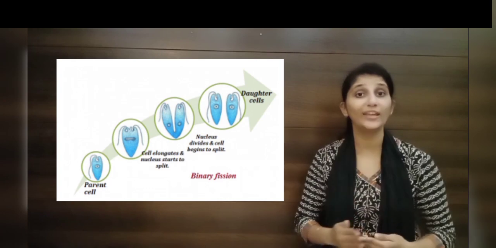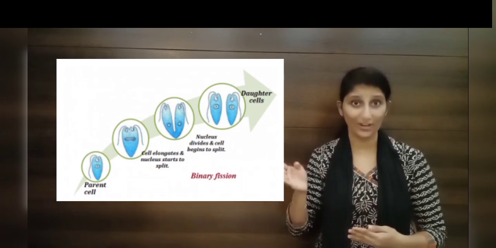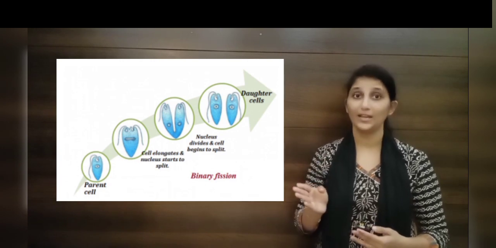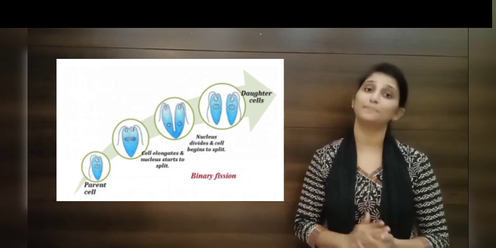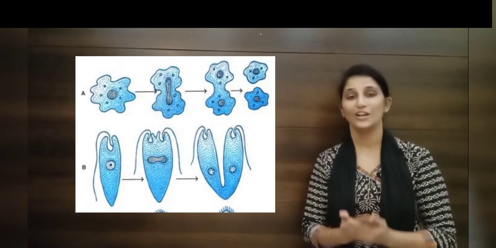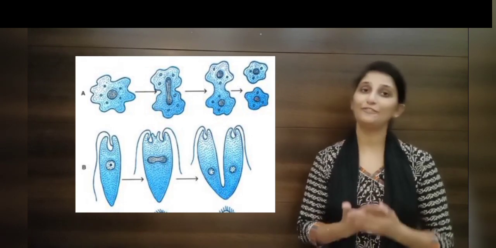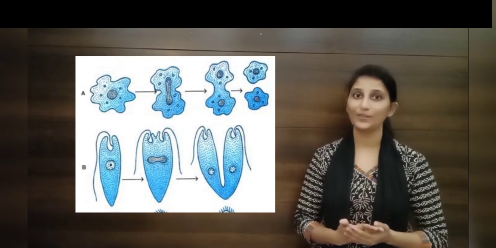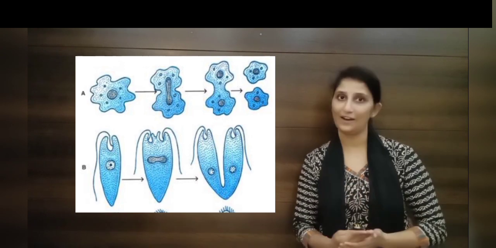So in Leishmania, the binary fission occurs in a definite orientation in relation to its structure. In this picture we can see how Leishmania is undergoing fission. It is in a longitudinal plane, whereas in amoeba it can take place in any plane. So that's about binary fission, in which the parent cell divides into two equal halves.